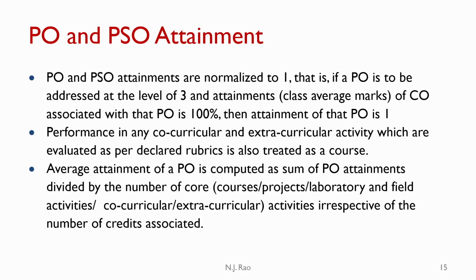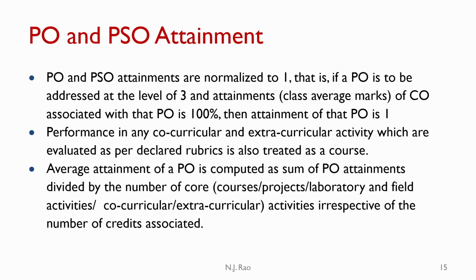If a PO is to be addressed at level 3 and the class average marks of all COs associated with that PO is 100%, then the attainment of that PO is 1, which is not likely to happen ever. Obviously class average marks will never be 100%.